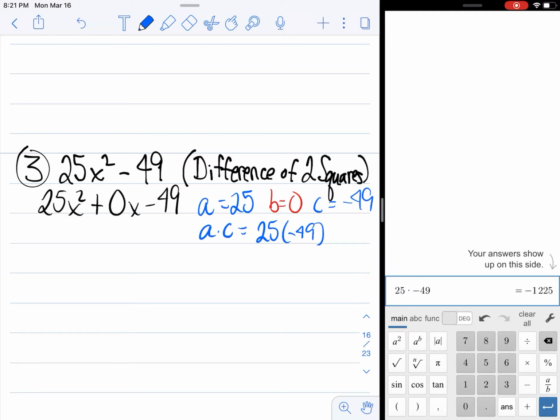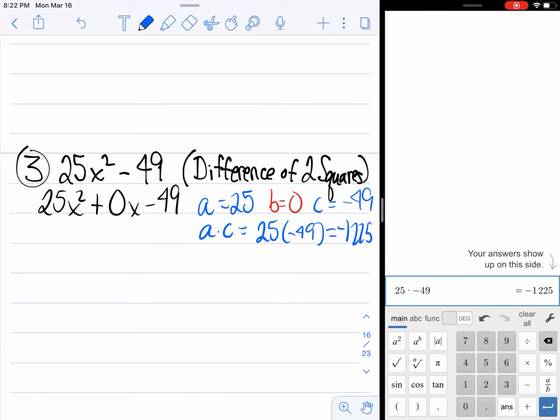So we have to find a factor pair of negative 1225 that will give me the correct sum of 0 here. So this is negative 1225. Let's write that a little bit better. Okay. So I'm going to cut to the chase a little bit here to save us some time on the video.